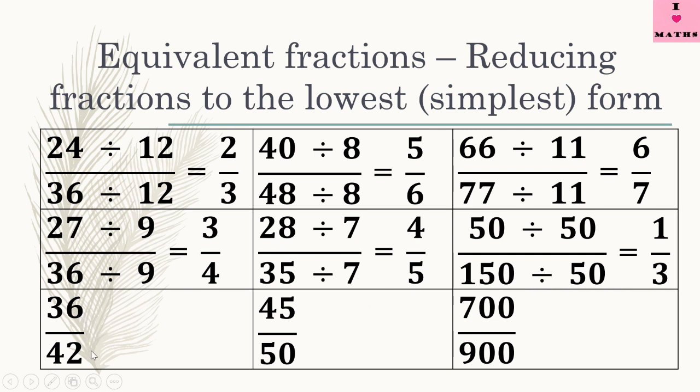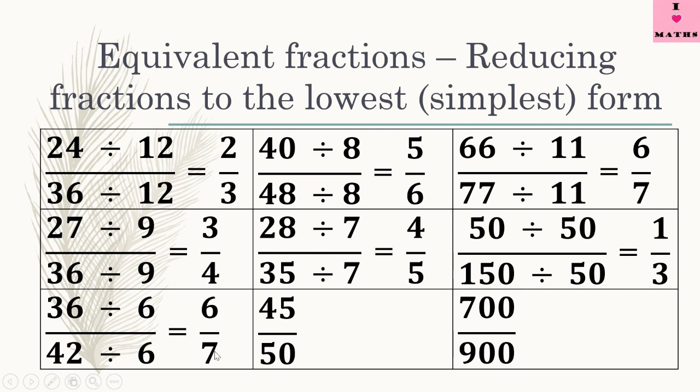Now 36 upon 42. Think about a number in whose table 36 and 42 both can come. Children, there are many numbers in whose table 36 and 42 both can come. So if you want, you can do it in more than one step. But I am trying to do it in one step with the help of the biggest number in whose table 36 and 42 both come. Let us see. 6 sixes are 36. So 36 divided by 6 is 6, and 42 divided by 6 is 7.